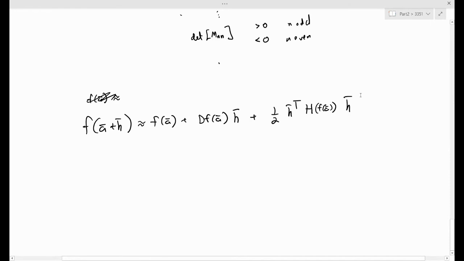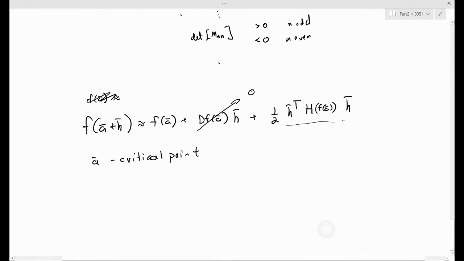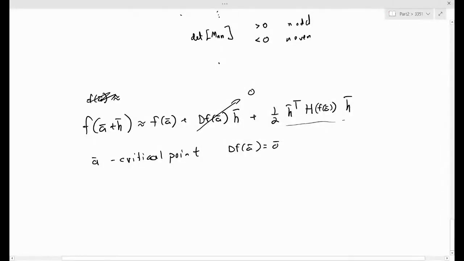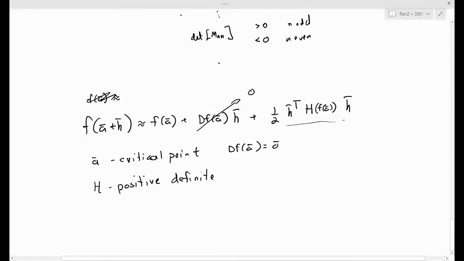And if we know that we have a critical point, and this is positive definite, so if A is critical, making this 0, right? And the Hessian is positive definite, so, and let's say we drop this term, what happens?